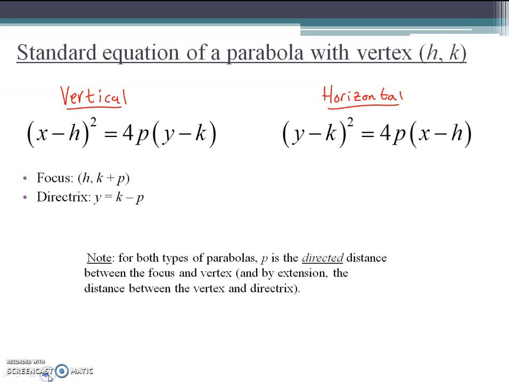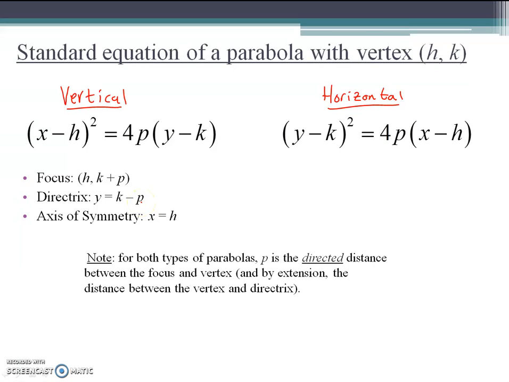Now, as I said earlier, each of those values, k, h, and p, tell you something different about the parabolas. (h, k) is your vertex, of course. Once you determine whether something is horizontal or vertical, we're going to walk our way through this set of equations and determine where the focus is based on our h, k, and p values, and where the directrix is, y equals, which means it's a horizontal line at k minus p.